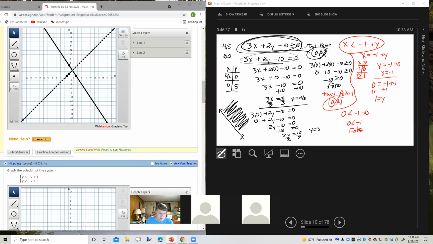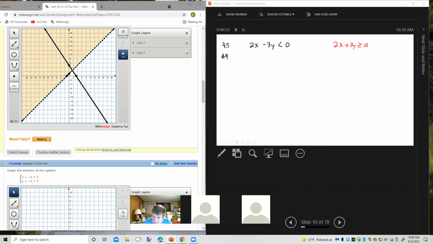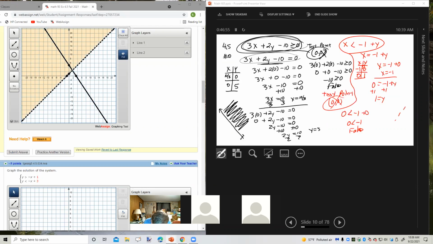So for the dashed line, 0, 0 is not a part of the solution. So we go to the other side. So we're going to fill it over here.